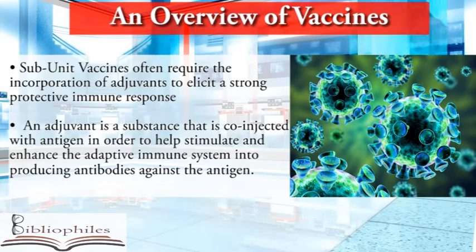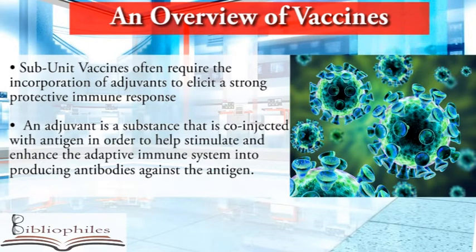See, an adjuvant is a substance that is co-injected with antigen in order to help stimulate and enhance the adaptive immune system into producing antibodies against the antigen. Adjuvants are added to a vaccine to boost the immune response to produce more antibodies and longer-lasting immunity. And it also minimizes the dose of antigens needed.